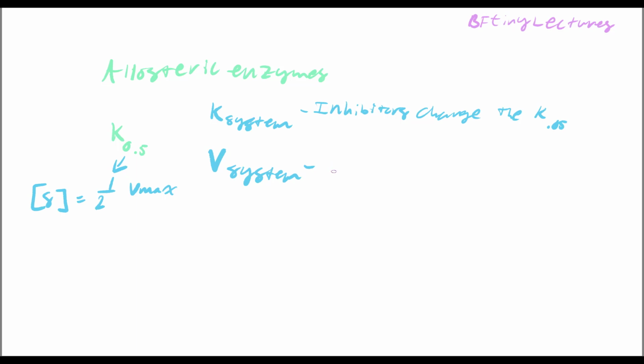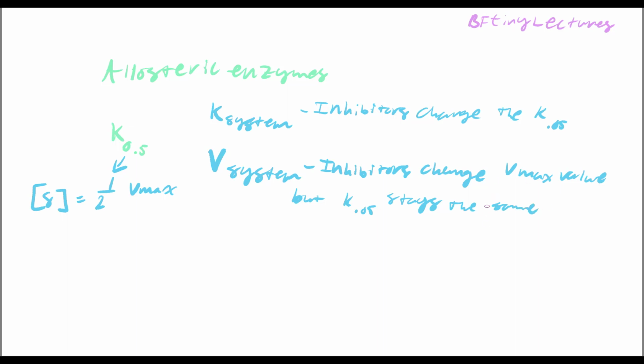And the thing is, in the V system, inhibitors actually change the Vmax value, but the K0.5 value stays the same. So it's kind of like the inverse of it, right?